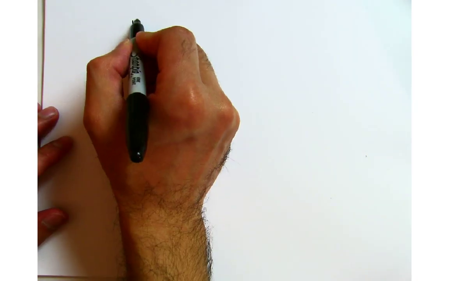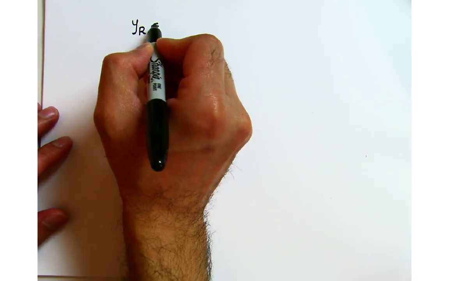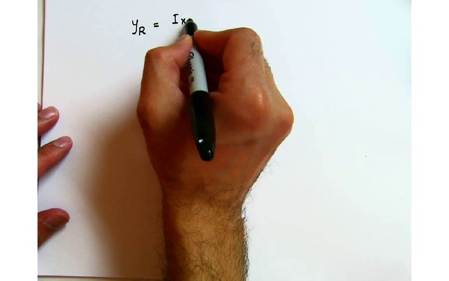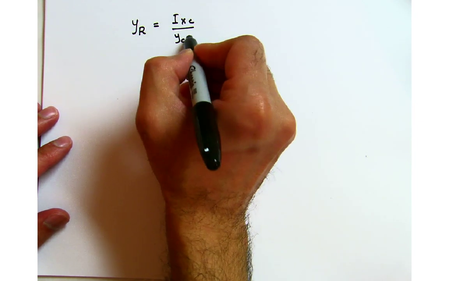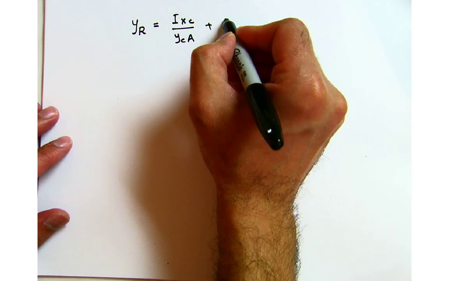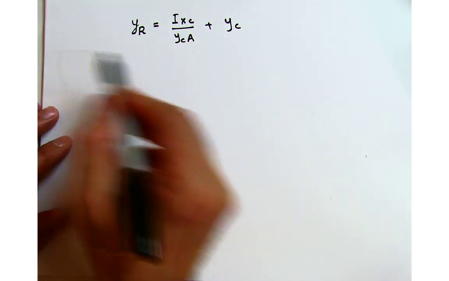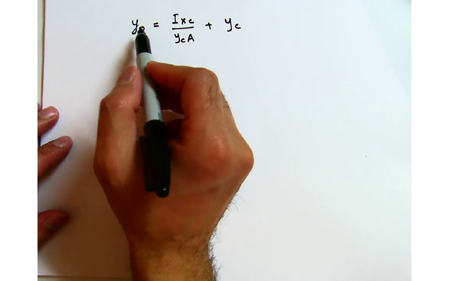So we have the resultant force. So now let's look at where this resultant force would be acting. So I'm going to define this with y_R, and y_R equals Ixc divided by yc A plus yc, and this is the relationship we derived. So this will give us the location of the resultant force.